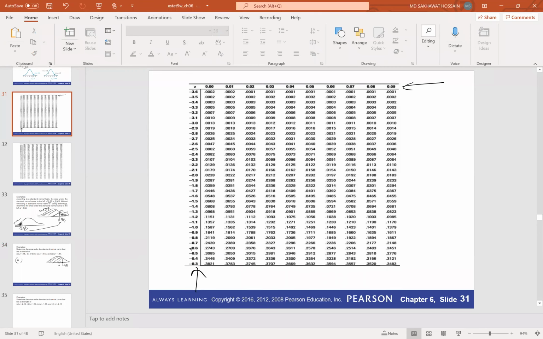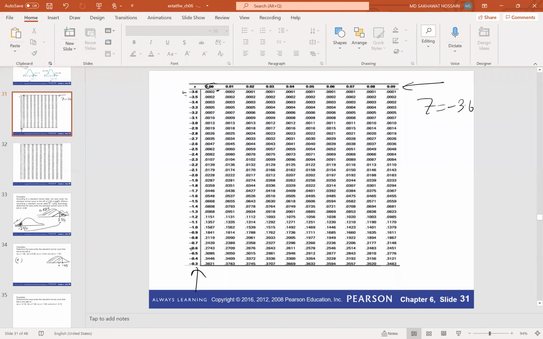So this is negative 3. The first number is negative 3.6. That means this is negative 3.6. And when you are considering this one, the second digit, this row represents the second digit of the z-score after the decimal point.